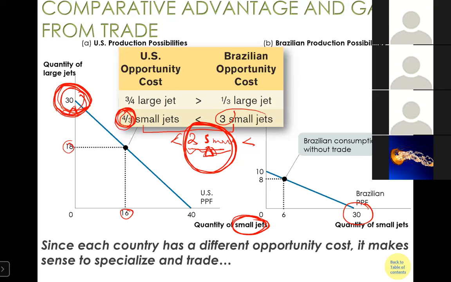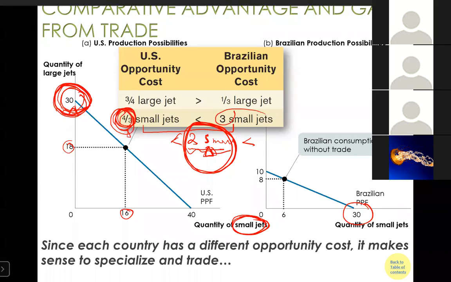This difference allows room for them to trade. Someone who has lower opportunity costs is going to specialize, produce that thing and sell to someone who has higher opportunity costs, who is going to specialize and produce something else. So that is the secret, right?